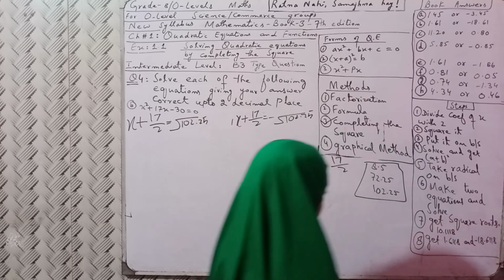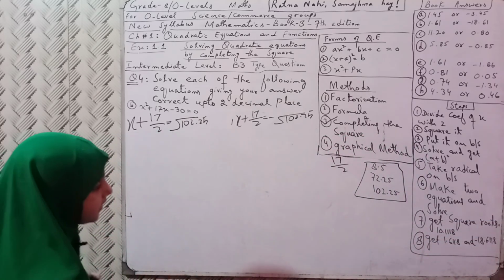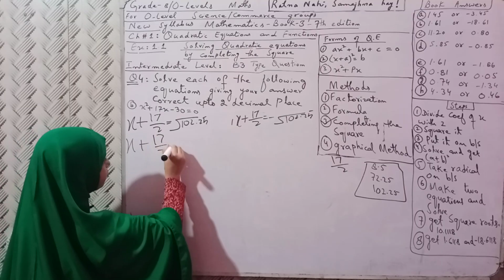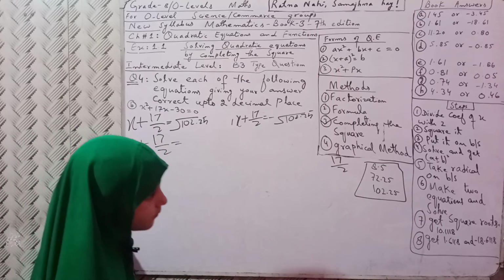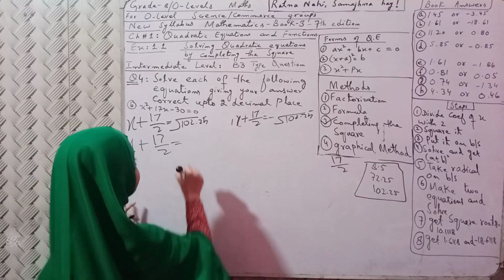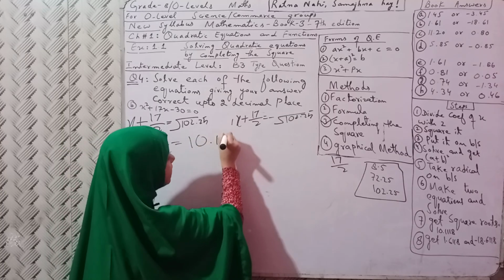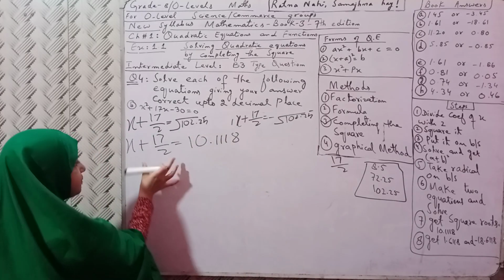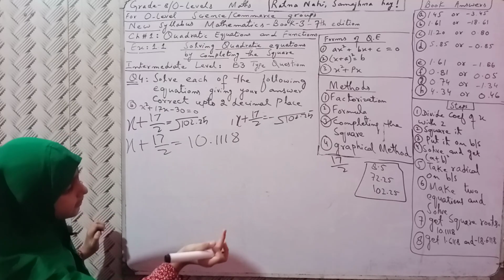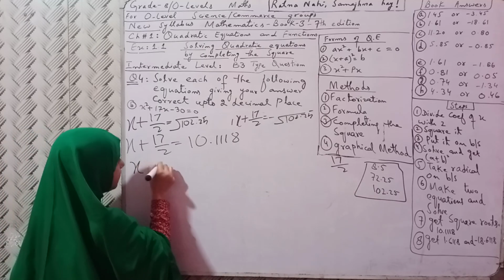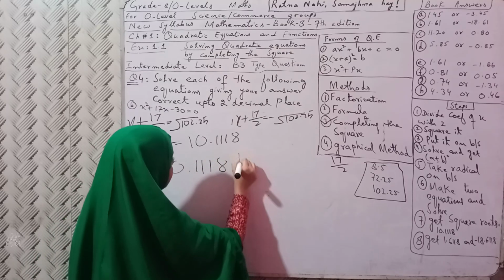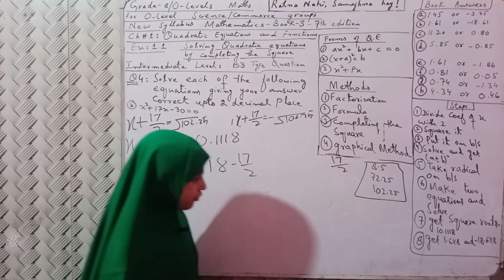Then we get the square root 10.118. Okay, so x plus 17 upon 2 is equal to 10.118. Now this plus 17 upon 2 will go there. This will be x is equal to 10.118 minus 17 upon 2.